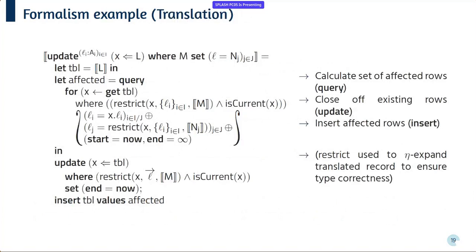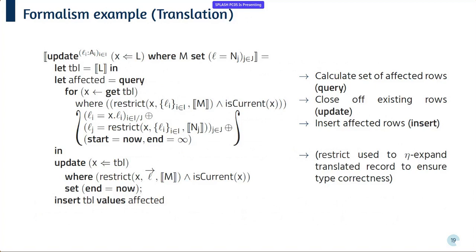As well as having the direct semantic rule for it, we can show how you can do a translation into a non-temporal calculus. Again, don't look at this in too much detail, but there are three basic things that we're doing here. We're calculating a set of affected rows, and they have the new values.